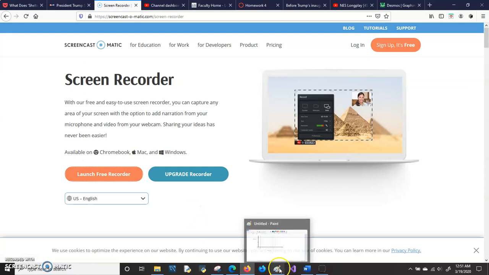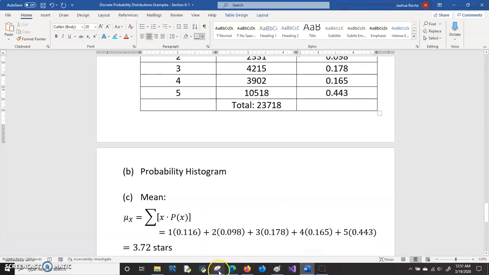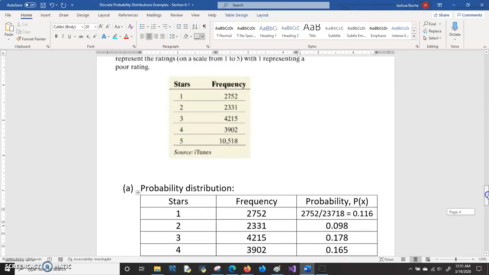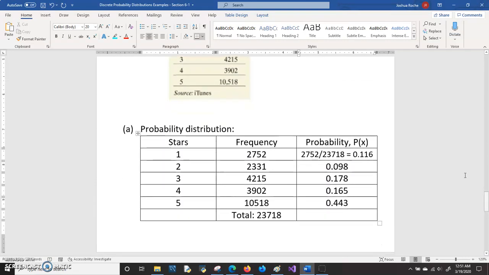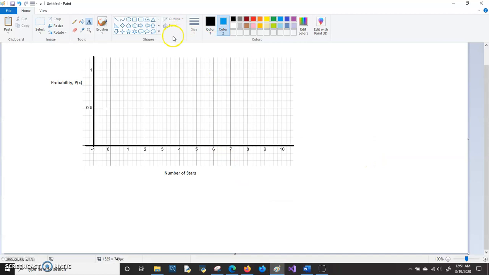And this is a probability histogram, so we'll go by all these probabilities. So the first one is 0.116. We'll make a bar for 1 star at 0.116.